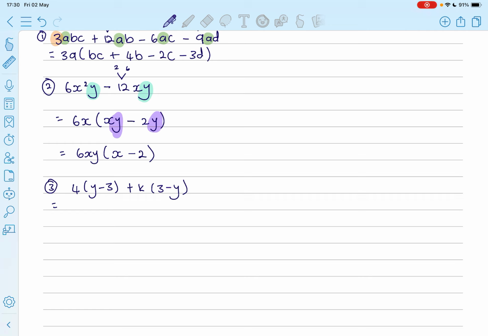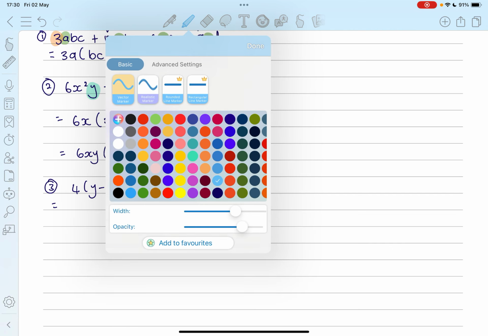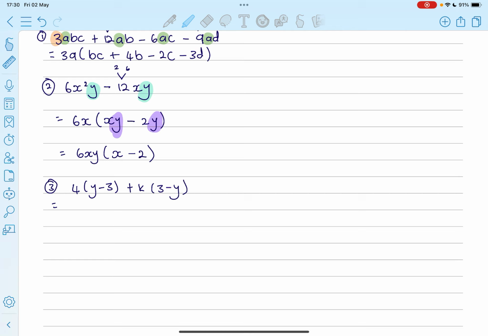Okay, so at first it might look like there's nothing common between these terms, but what we need to realize is that, so let's make this blue. Here we've got minus 3 and a positive y, whereas here we've got a positive 3 and a negative y. So what needs to happen is one of these brackets need to be manipulated to look like the other.